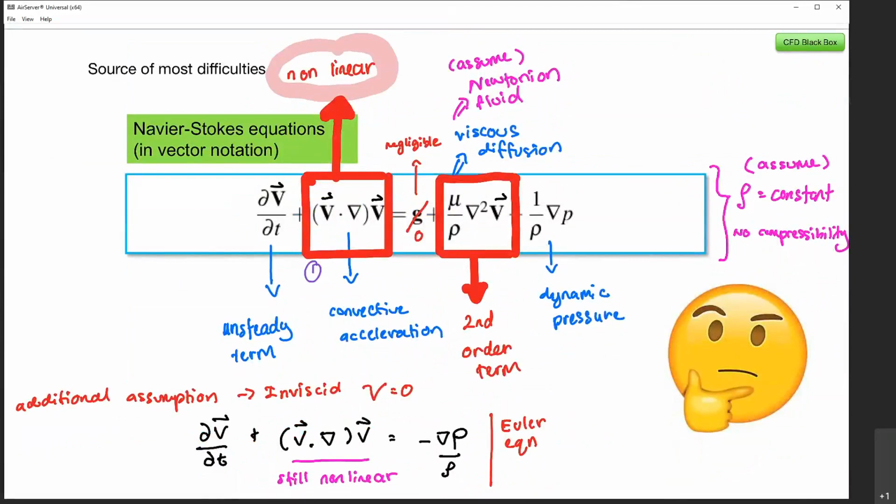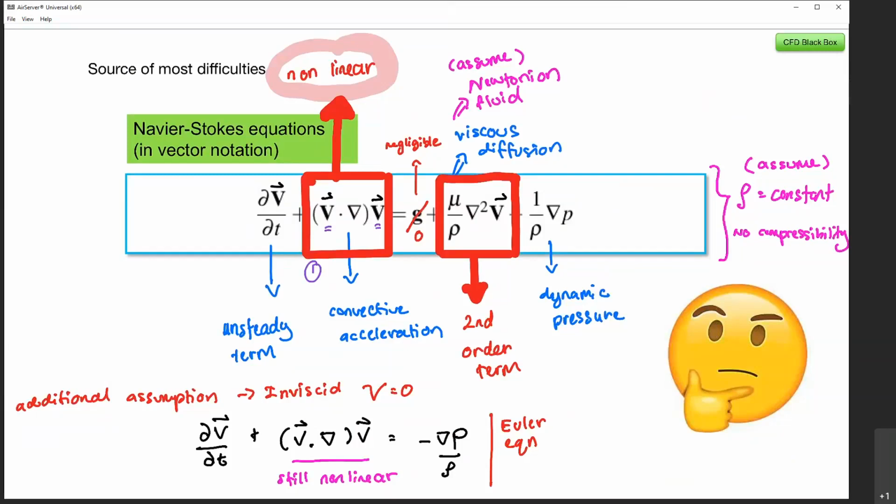So why is it non-linear? Because you can see that you have two velocity components multiplied by another velocity component, which induces the non-linear form. And this is the most complex, the most difficult part of the equation.